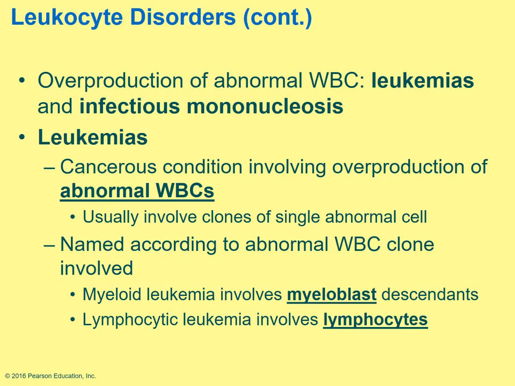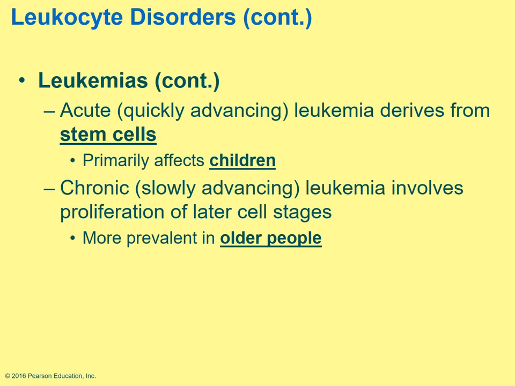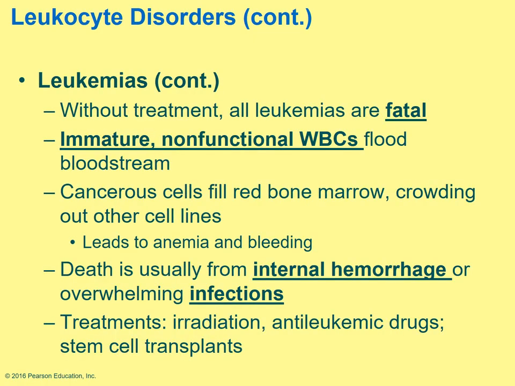Is it lymphocytic or is it myeloid that they derive from? Acute leukemia derives from the stem cells and primarily affects children. Chronic or slow advancing leukemia is more prevalent in older people. So there are various types of leukemia. It just depends on specific cells and when it starts.